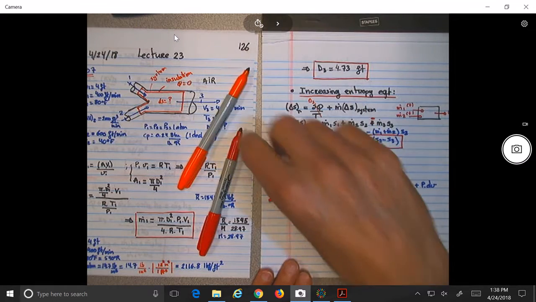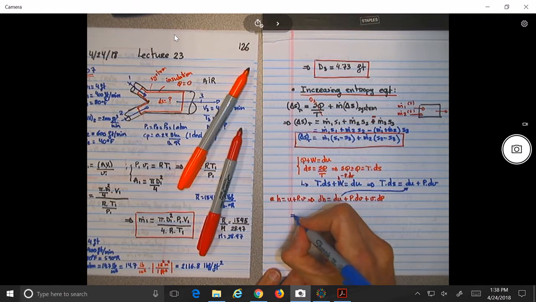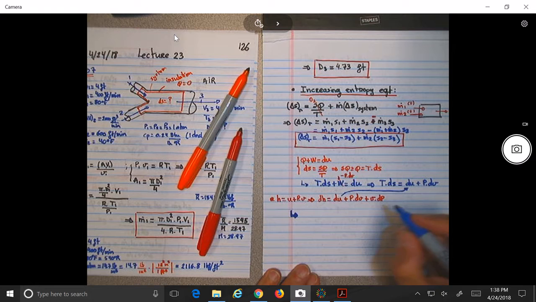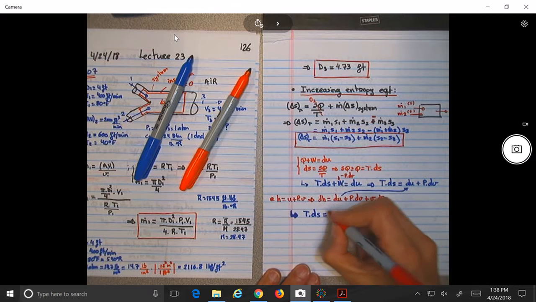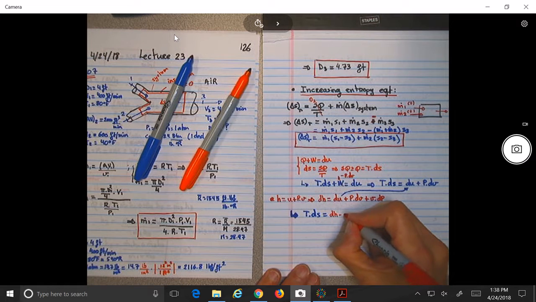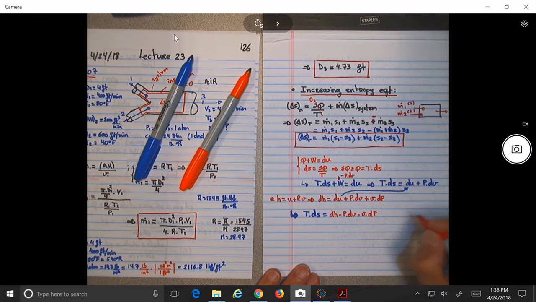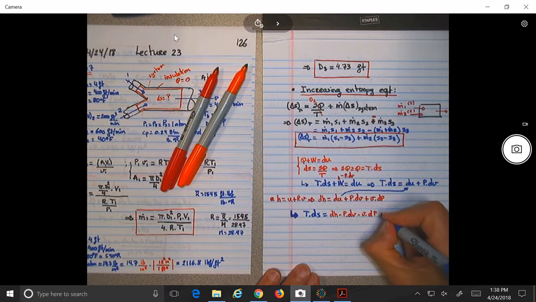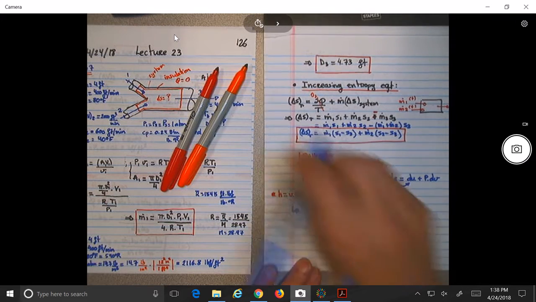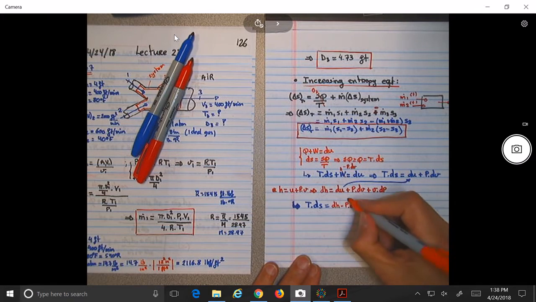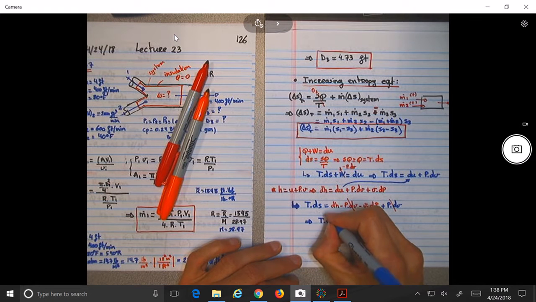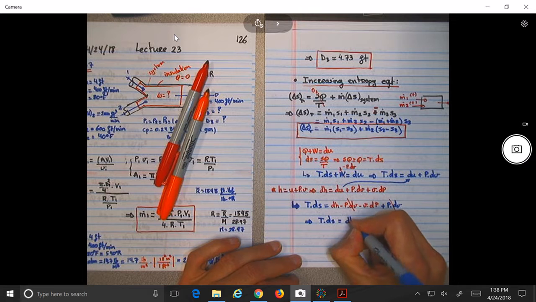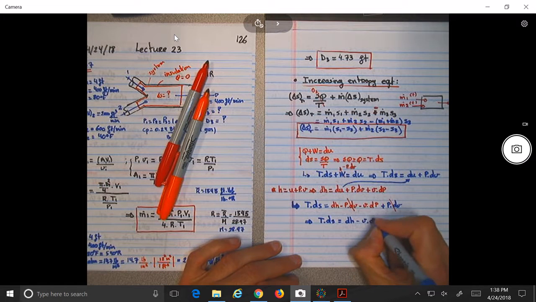I'll go a bit faster, guys. TdS equals dH minus PdV minus VdP plus PdV, so the PdVs cancel out. We get the second TdS relation, which is for open systems: TdS equals dH minus VdP.